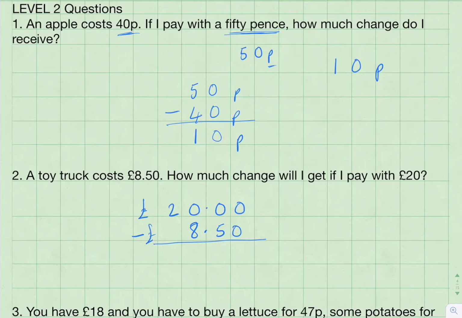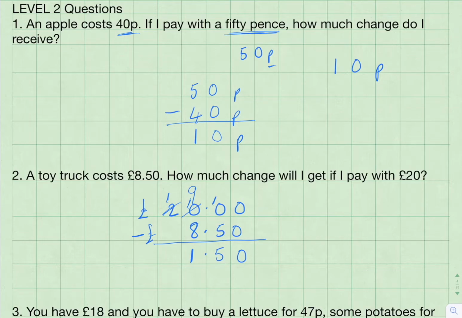0 from 0 is 0. 0 minus 5 you can't do, and there's nothing to borrow here, so we need to go to the £20 and borrow 1 from there to make that 10, but we need to borrow again, so that will become 9. 10 minus 5 is 5. 9 minus 8 is 1.